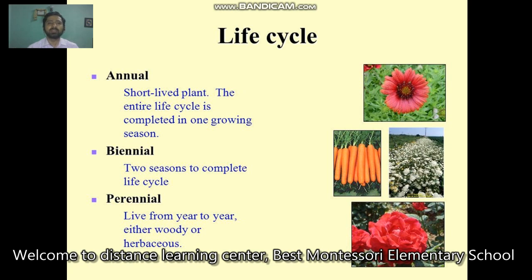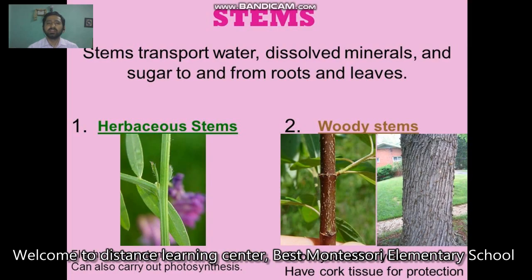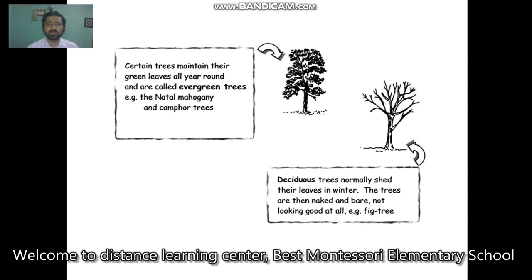You can see the plants with wood, the plants that are used for making furniture. They are very old plants. They live many years. Now herbaceous or woody according to the stem, and then by viewing it, if it remains evergreen for the whole year, or if it's deciduous, that means it sheds its leaves in winter to protect the nutrients, because there are few resources available during winter, so they have to conserve their energy.